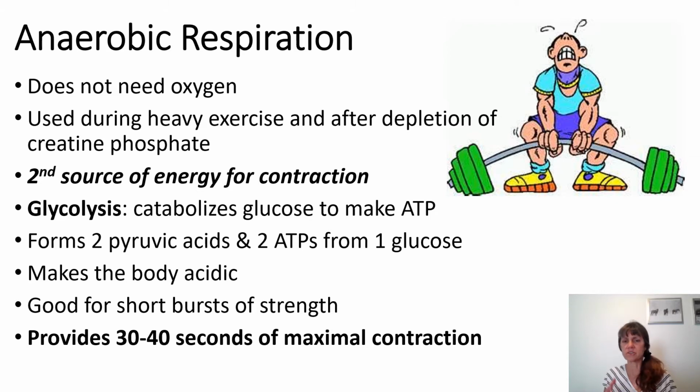This is good for very short bursts of strength where we have 30 to 40 seconds of maximal contraction. In other words, we start with creatine phosphate, first 15 to 20 seconds, no oxygen required, totally anaerobic, move into glycolysis, 30 to 40 seconds of maximal contraction, second source of energy for contraction, no oxygen, anaerobic.